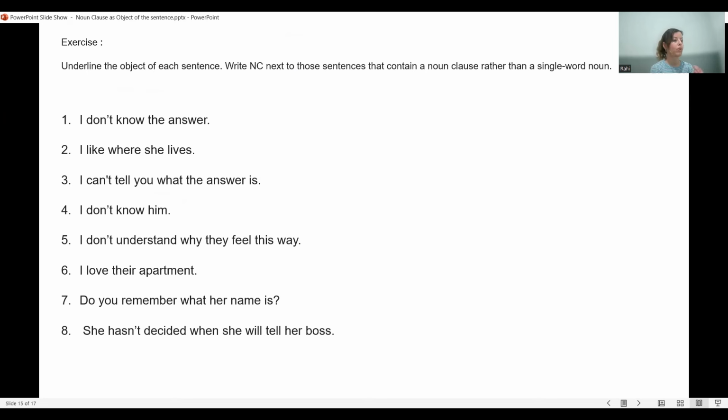Just remember, a noun clause is a group of words that, as I told you in this lesson, starts with a subordinator, then subject verb, or subordinator plus the verb. So we have a group of words. But a single word noun, you know it. It's just one word and maybe a possessive plus a noun.